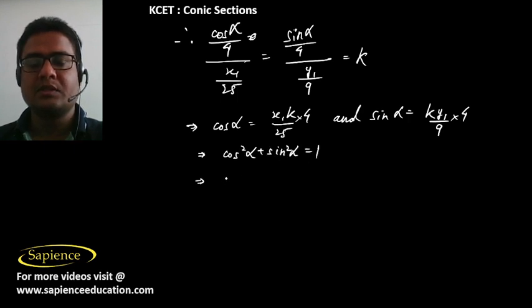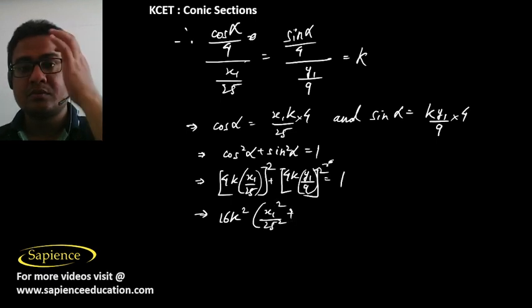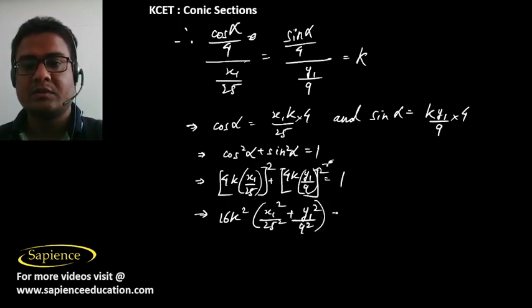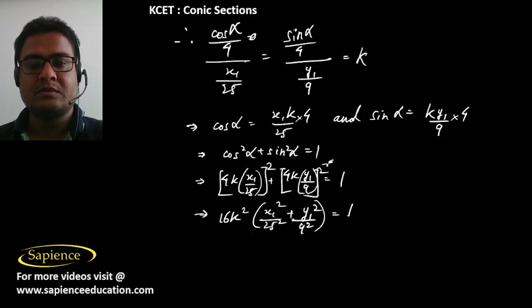So 4k into x1 by 25, whole square, plus 4k into y1 by 9, whole square, is equal to 1. So 4k I can take as common, so 16k square into x1 square by 25 square plus y1 square by 9 square is equal to 1. The value of alpha has been asked.